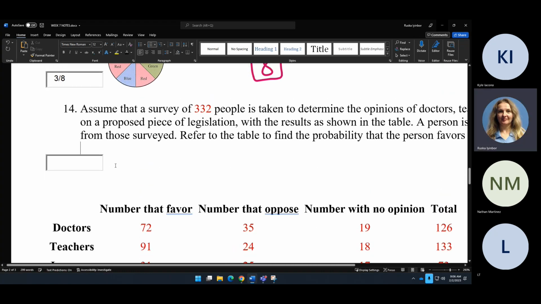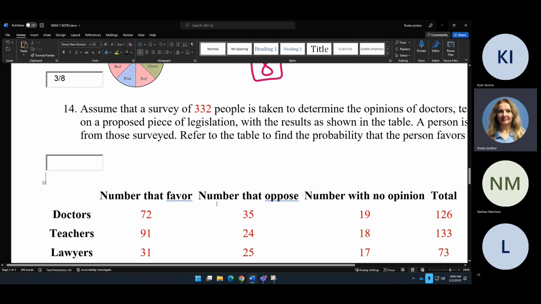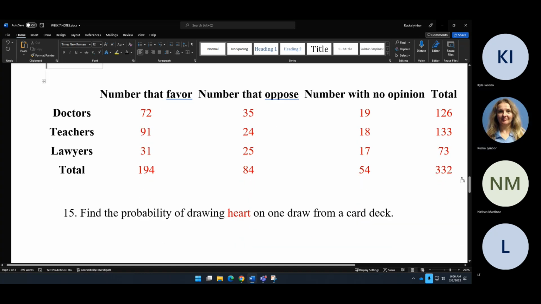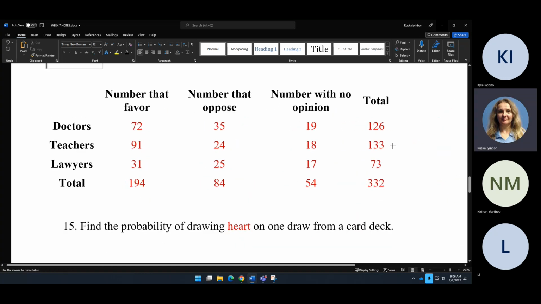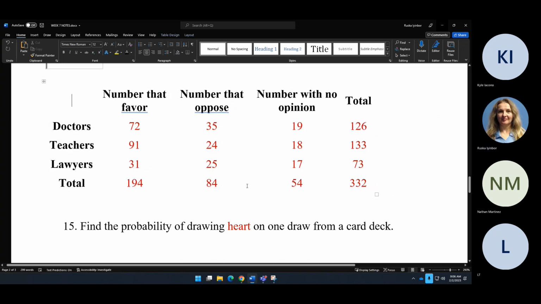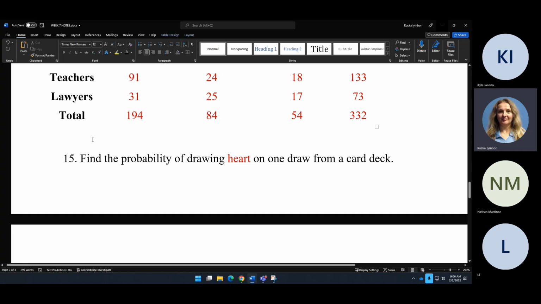Okay, so on 14, we have this little table, which gives us the number of people. There's a survey going on. They ask them about a piece of legislation, and these are the results here, okay?